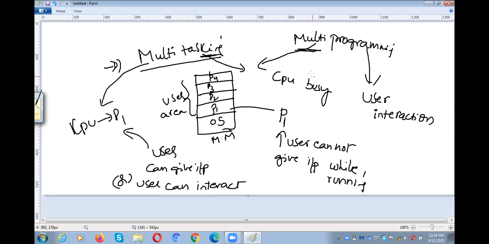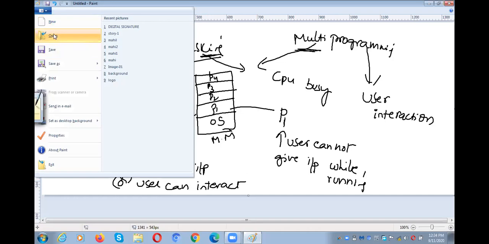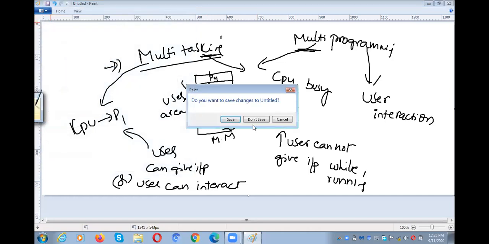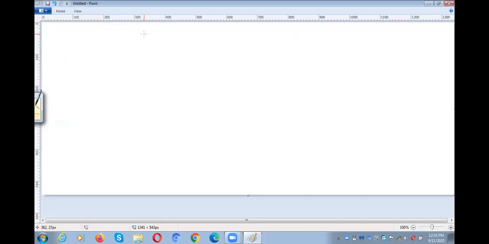But in the case of multi-programming, the user cannot give information to the process. I will give you an example. For example, there is a program, P1. That program requires user interaction. That means enter a value.